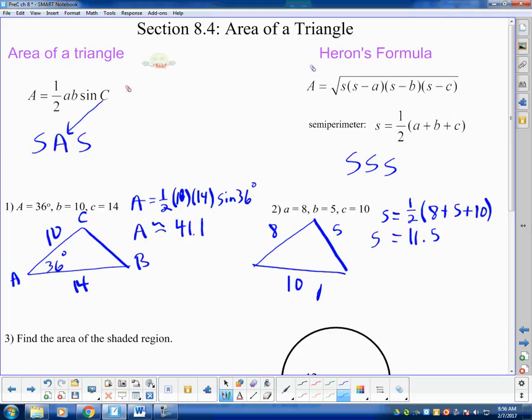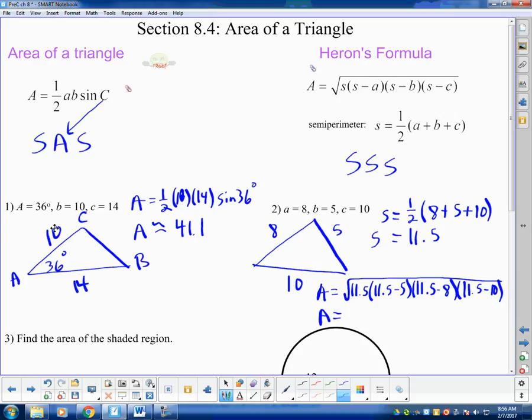So it's area equals square root of 11.5 times 11.5 minus 5, 11.5 minus 8, and 11.5 minus 10. Pop that into your calculator, and you can get the area there.